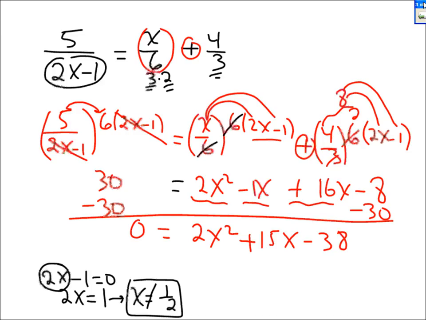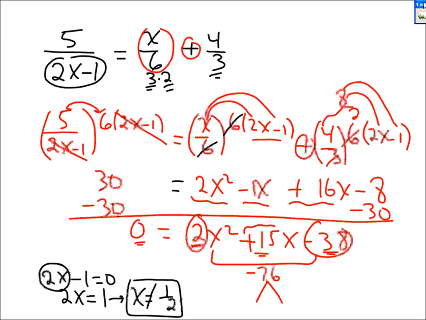Now, assuming we didn't make any mistake, we're going to have to solve this by grouping. Although I can divide this by 2 and this by 2 and even the 0 by 2, I can't divide that by 2. So we multiply. And after multiplying, we get negative 76. Now find two numbers that multiply out to negative 76 but add up to a fairly large number like 15.